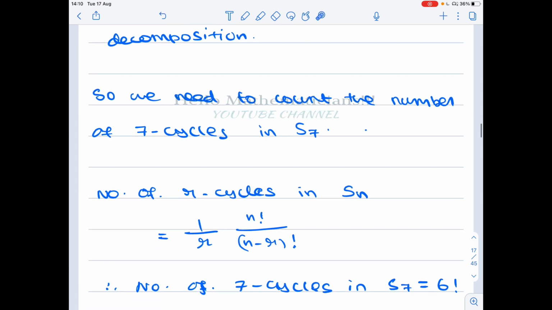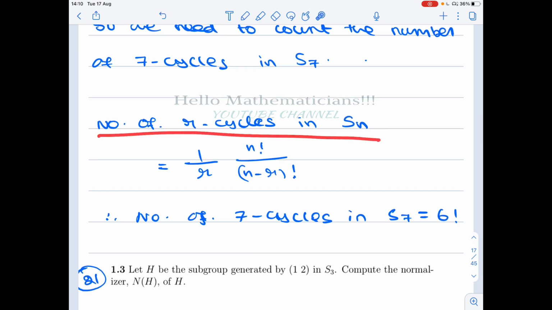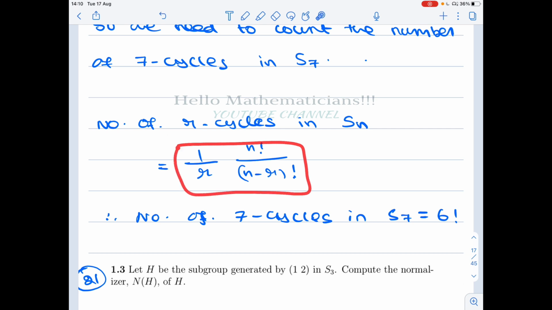Let's count how many 7-cycles there are in Sn. The number of r-cycles in Sn has a nice formula: 1 by r times n factorial by (n minus r) factorial. If you substitute the values, the number of 7-cycles in S7 is 6 factorial. In general, the number of n-cycles in Sn is (n minus 1) factorial.